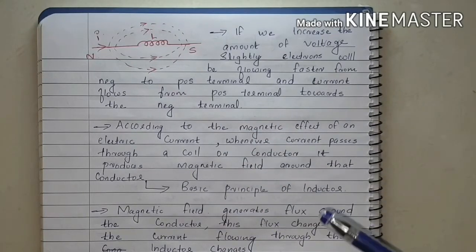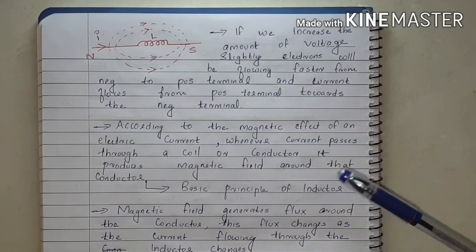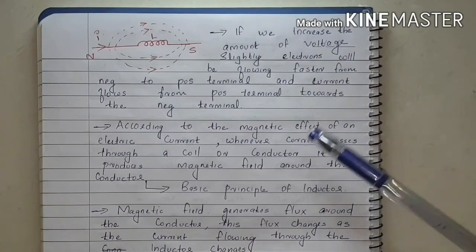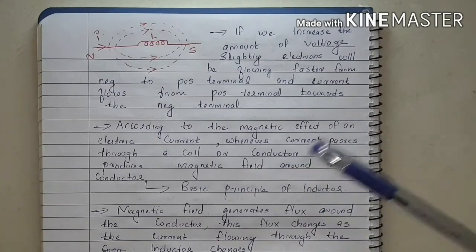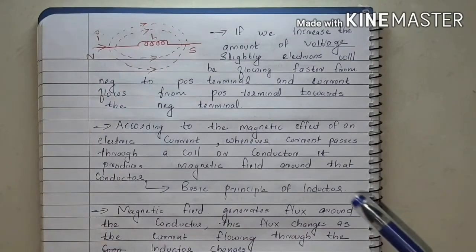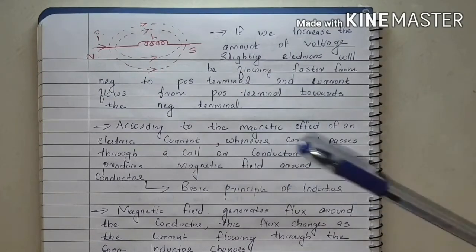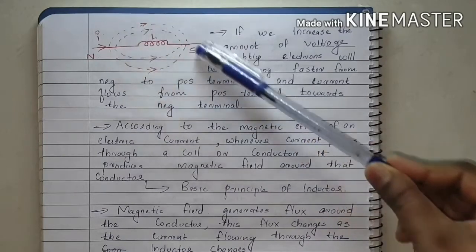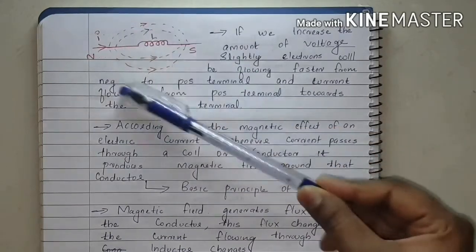So the basic principle of inductor is, according to the magnetic effect of an electric current, whenever current passes through a coil or conductor, it produces magnetic field around that conductor. And this magnetic field generates flux around the conductor.